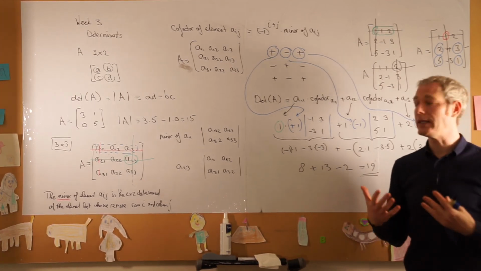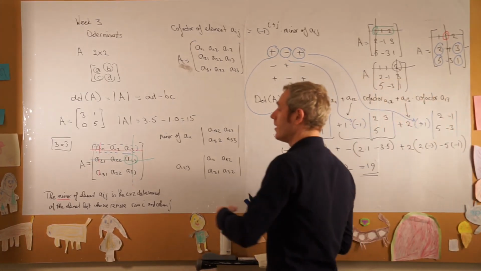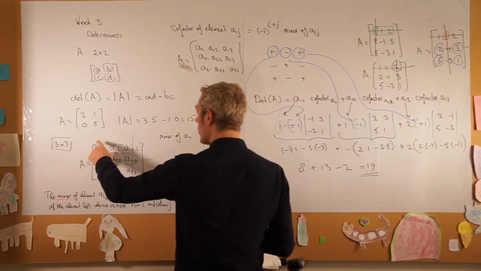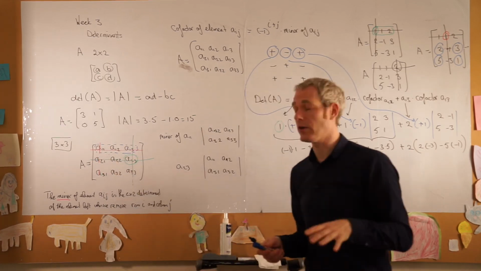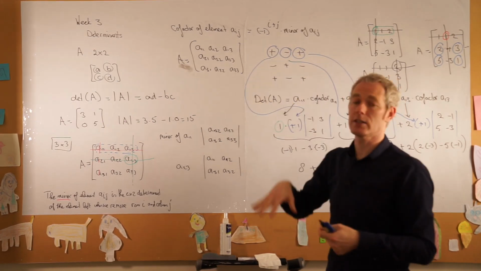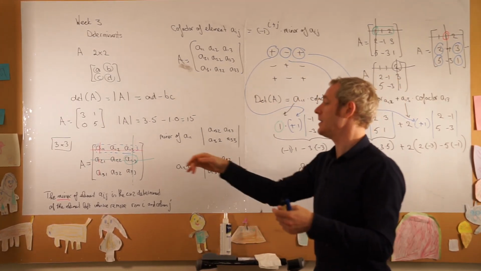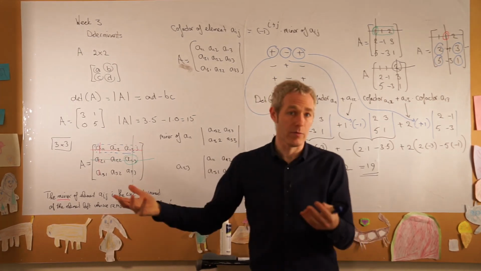So if you want to go any bigger, let's say 4 by 4 or n by n, instead of having the cofactor be a 2 by 2 determinant, it will become some plus or minus sign times a 3 by 3 determinant, and the 3 by 3 determinant is calculated in the way we have shown here.